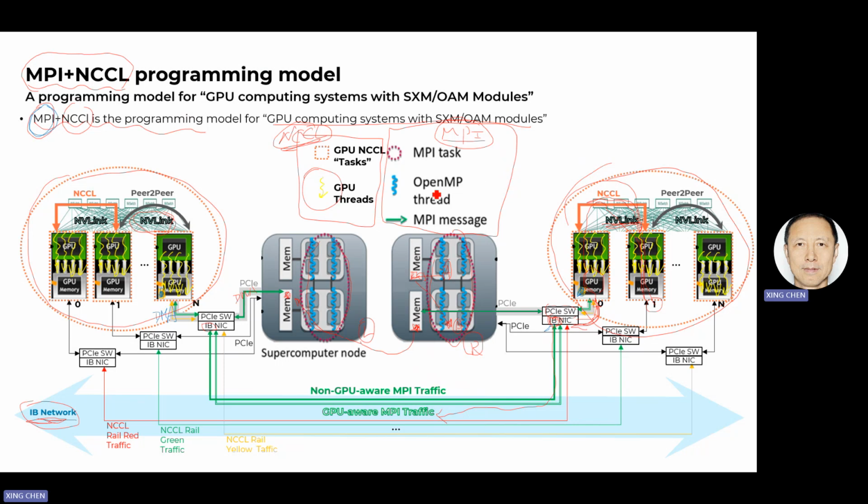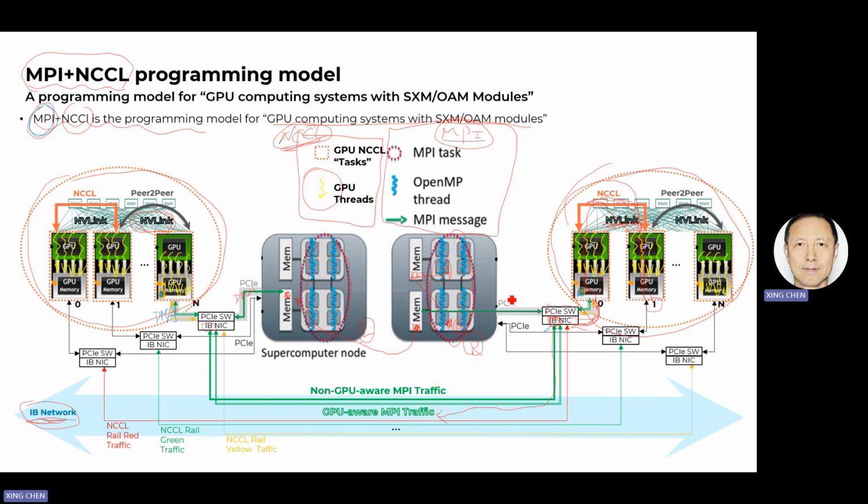This is the inter-MPI task communication, which is going to use this MPI library. Inter-GPU or inter-NCCL task communication, for intra-node GPUs and for inter-node GPUs, is going to be done by using the NCCL library, by using the NCCL communication scheme.